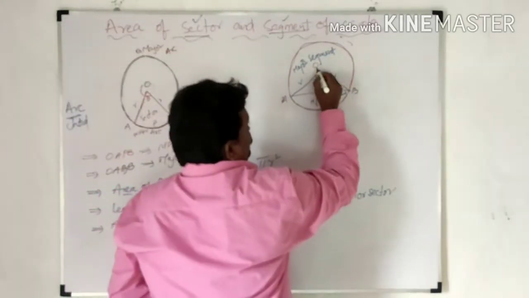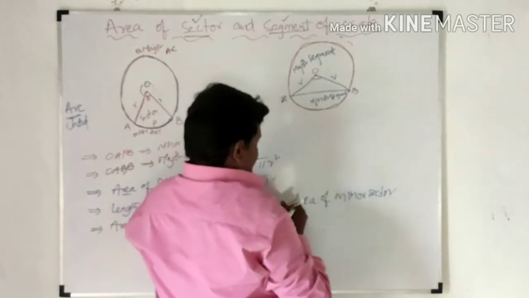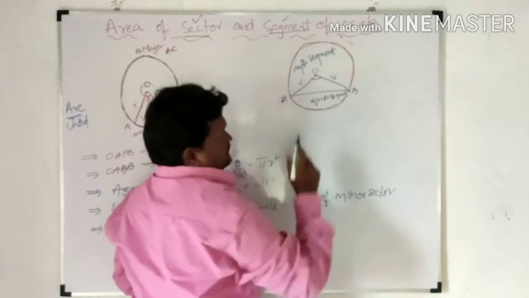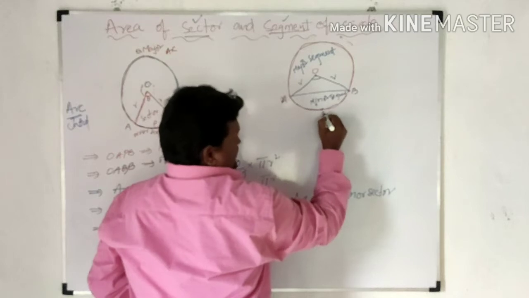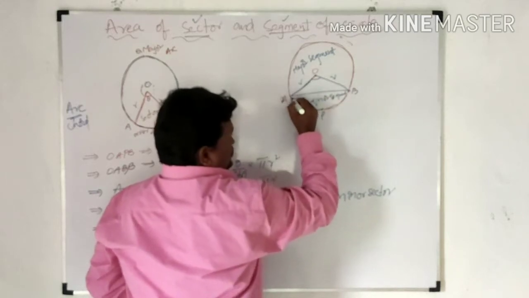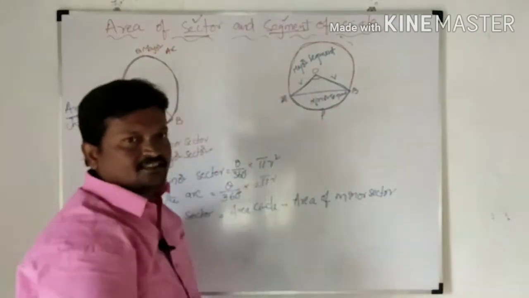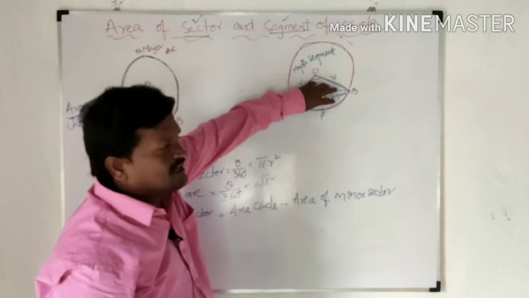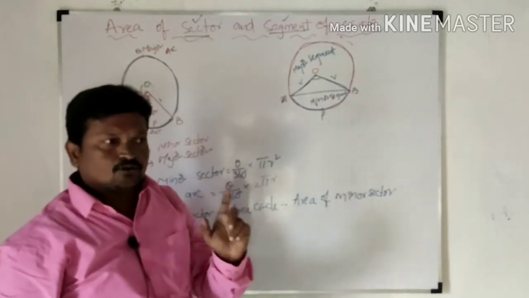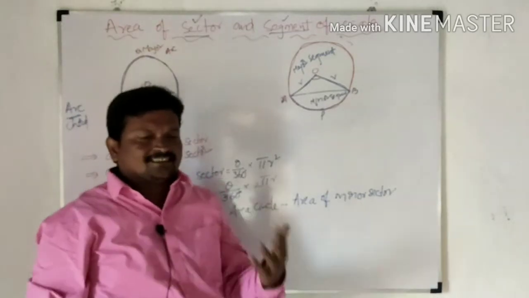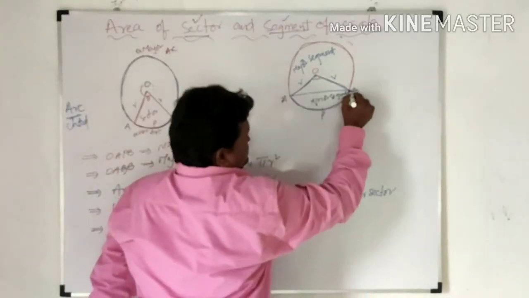Here OAB becomes a triangle, and with one point P here, O, A, P, B is a sector. Sometimes a sector we also call a quadrant. So here this is one sector.